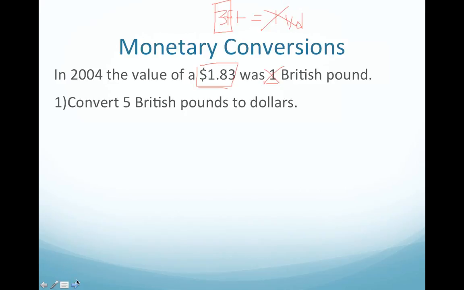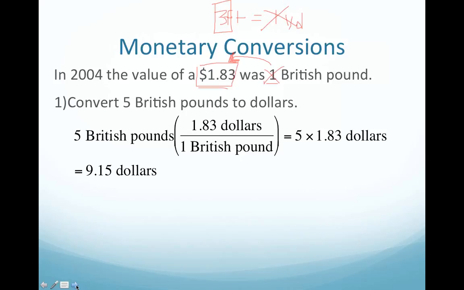If we've got 5 British pounds, we can go back to the conversion rate here, and we see when we go from British pounds to dollars, it increases. We go from $1 to $1.83. So to go from British pounds to dollars, we multiply because multiplying increases things. So we go 5 times $1.83, and that gives us $9.15.